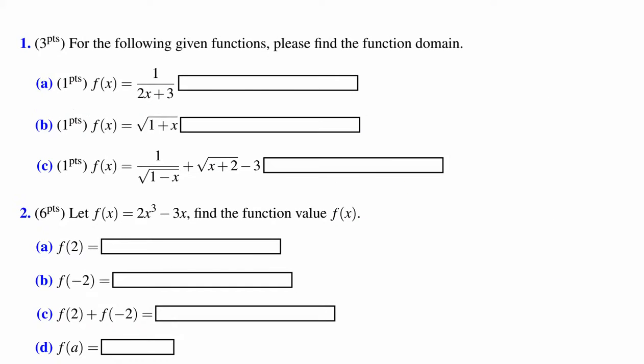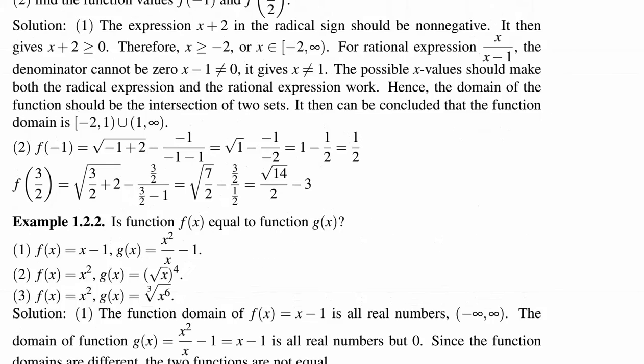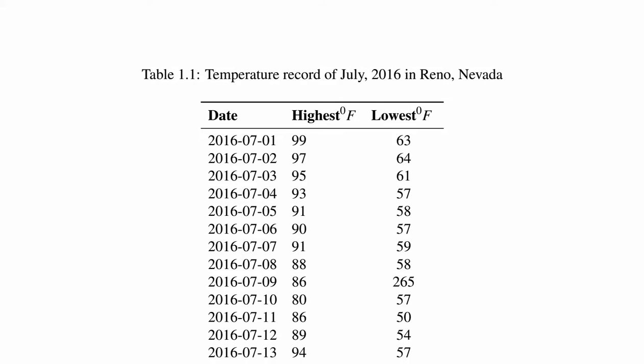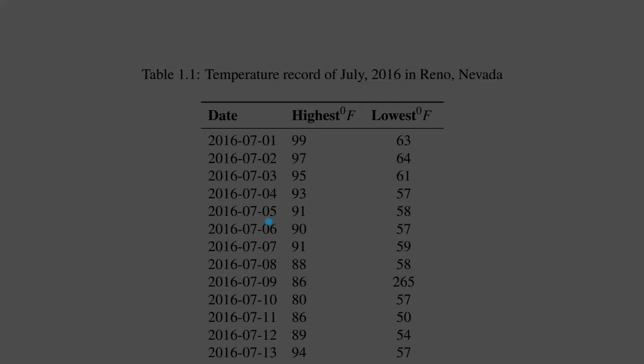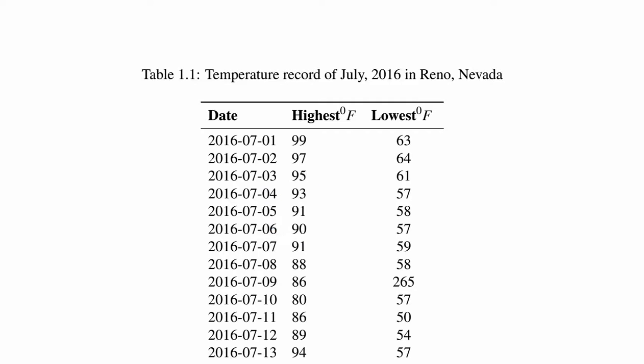You see right down here, the temperature record in summer, July 2016, in Reno, Nevada. We can see on day 10, July 10th, the highest temperature was 80. So again, this way is accurate.